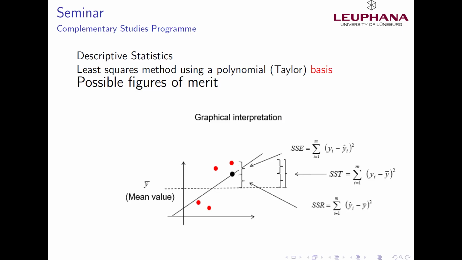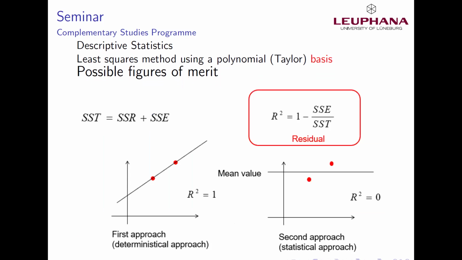We say, in this situation, exactly here, that we have the minimal deterministic error but the maximal statistic one. Why that? Because less than 0, SSE cannot be. Do you remember? Because it's positive. And SSE is related more to the deterministic error.